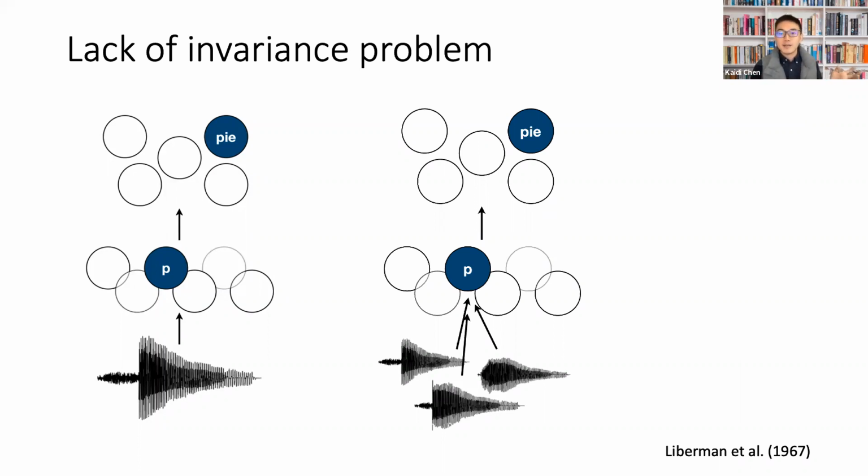Different acoustic patterns may denote the same linguistic information, which leads to the lack of invariance problem. Since there is no one-to-one mapping between the speech acoustics and individual consonants or vowels, listeners have to solve a massive computational problem in order to perceive the speech sounds.